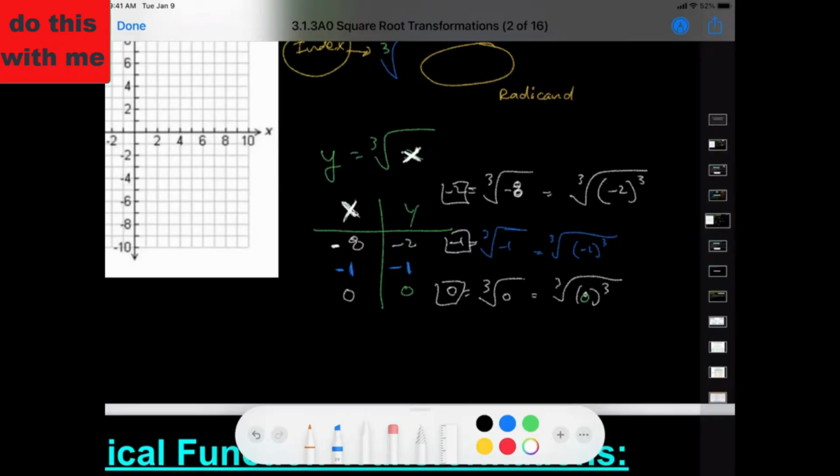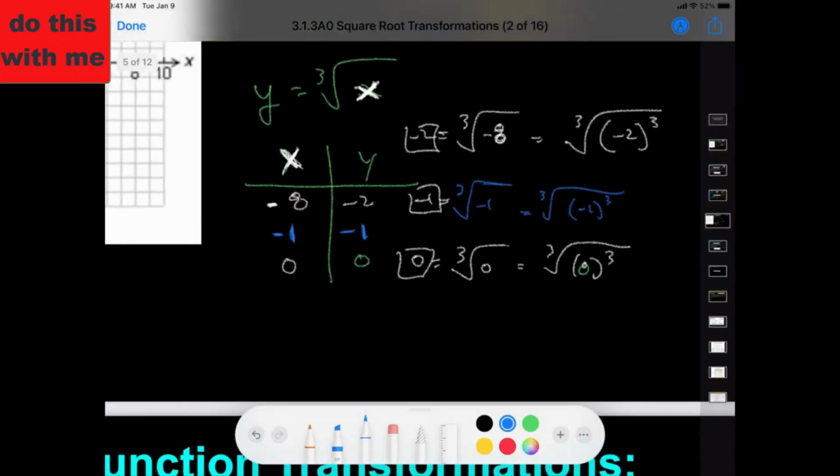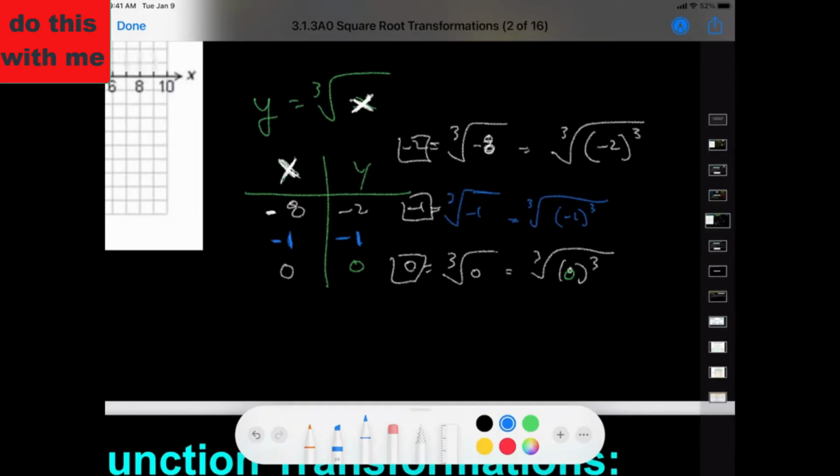Okay, let's try positive numbers now. Let's just say I pick a number. If I pick 1, that would just be a 1. My output would be a 1. Now if I chose 8, again, you have to think of cube root of 8.